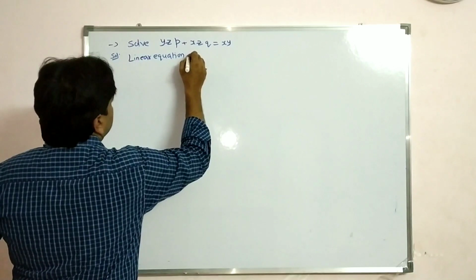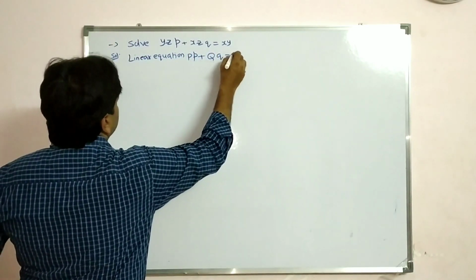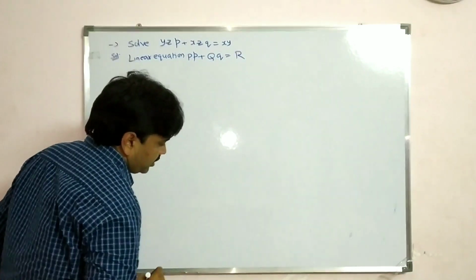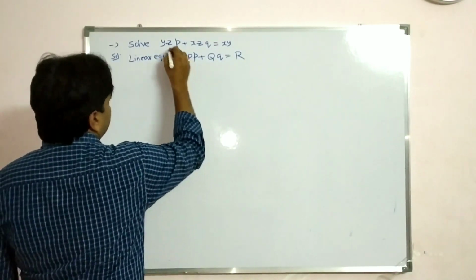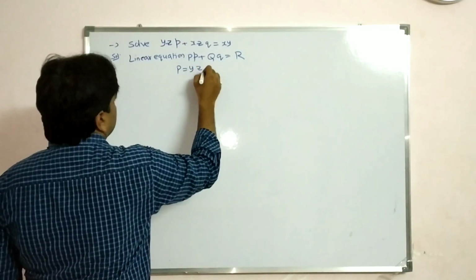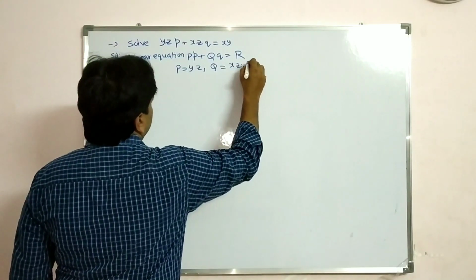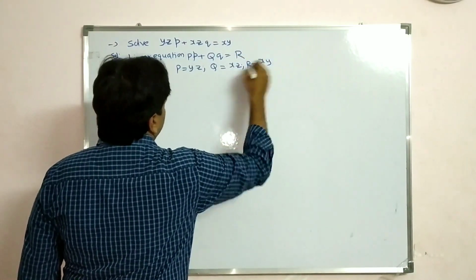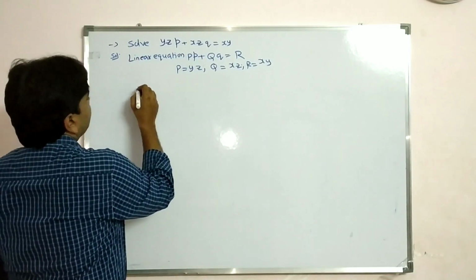Here capital P small p plus capital Q small q is equal to R, students. Now compare these two. What is capital P? Capital P is equal to yz, capital Q is equal to xz, capital R is equal to xy.